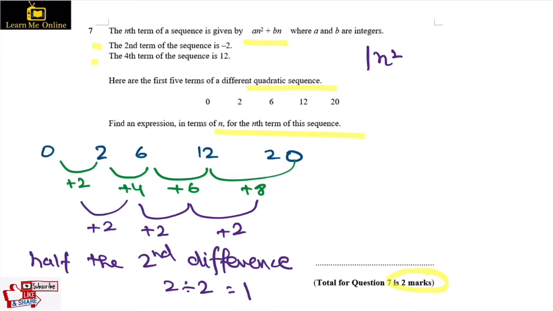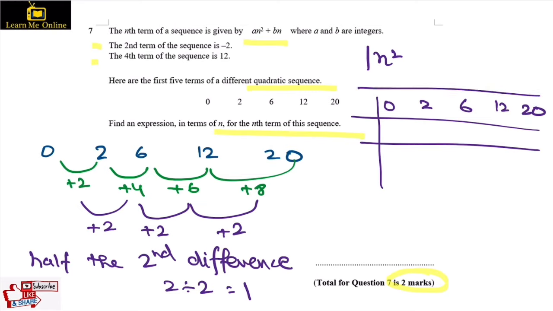Now I'm going to make a table. The terms we have are 0, 2, 6, 12 and 20. This is the first term, the second, third, fourth and fifth term. We do the square: I'm going to use n here and do n squared. So n squared means 1 squared, which is 1, 4, 9, 16 and 25.